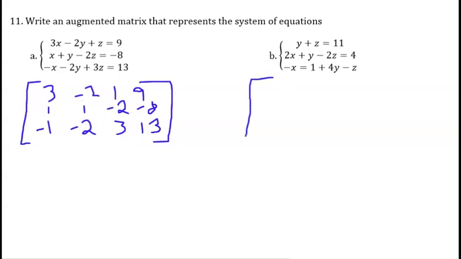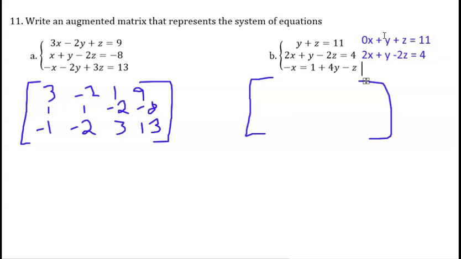Now for the next one, these are not in order yet. So we need to put these in order first. So we have 0x plus y plus z equals 11. We have 2x plus y minus 2z equals 4.